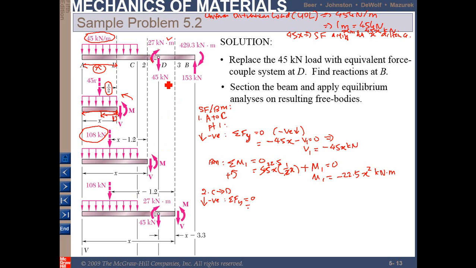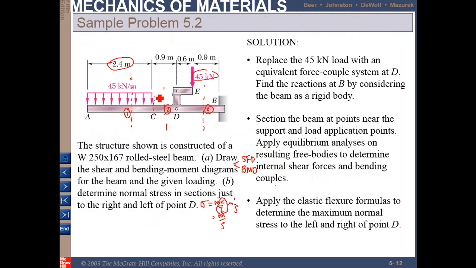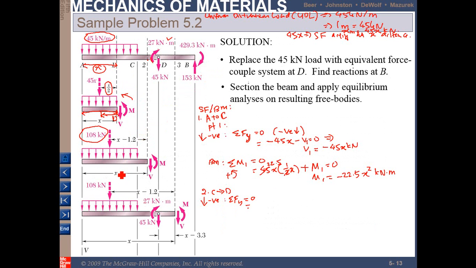So this is why you get 108. And then when you cut at point 2, you don't know the distance from A to 2. When you cut in here at point 2, you don't know this distance, so you name it as x. So that is why you get x here.